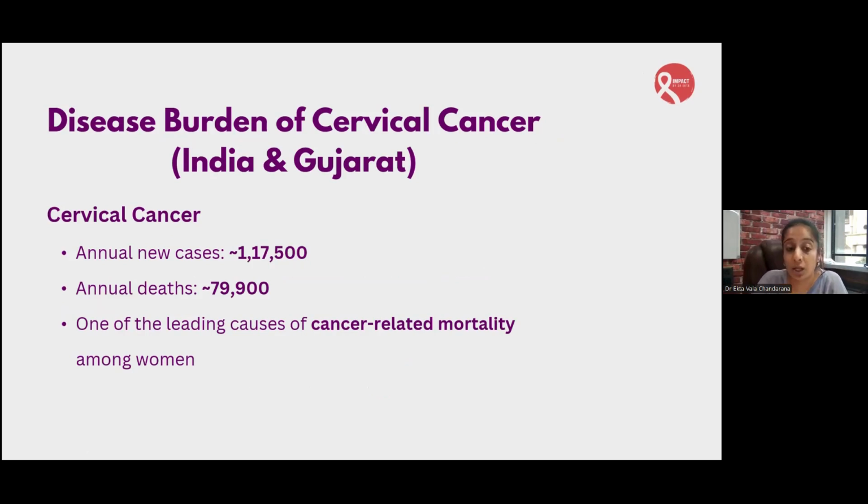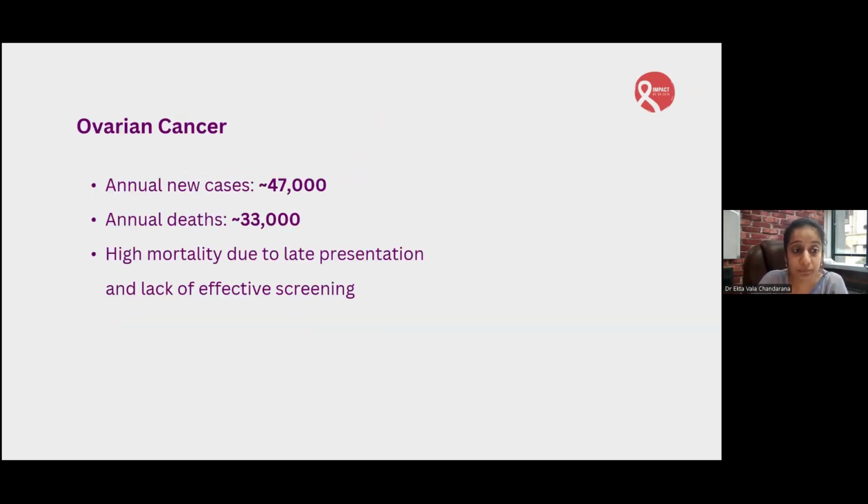So the mortality rate is more than 50% or more than 60%, and so it is one of the leading causes of cancer-related mortality. Unfortunately, though we do have screening recommendations, screening tests to detect cervical cancer at early stages, in spite of that, these are the painful numbers we are discussing today.